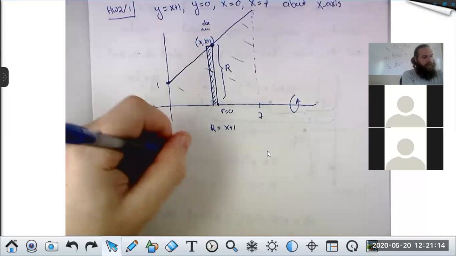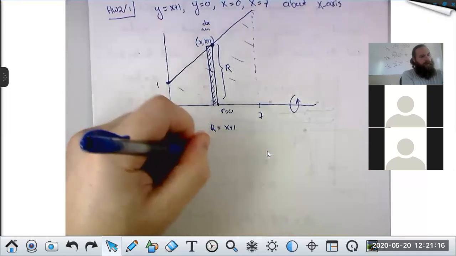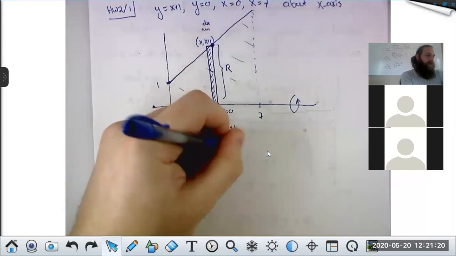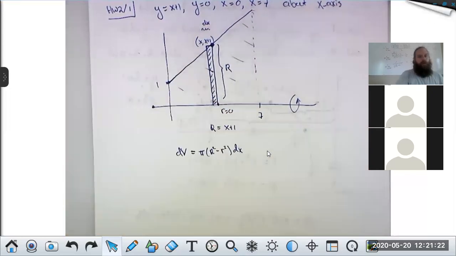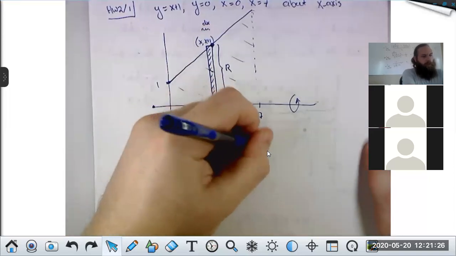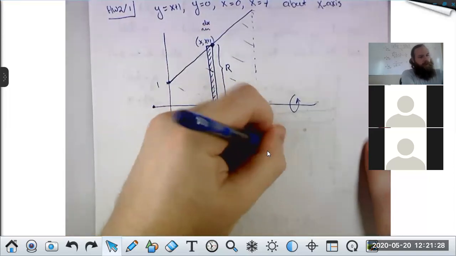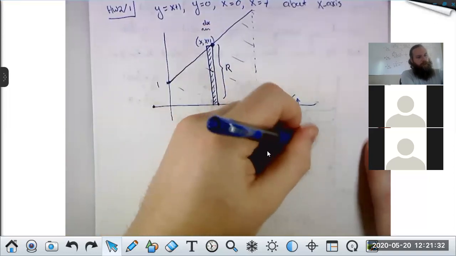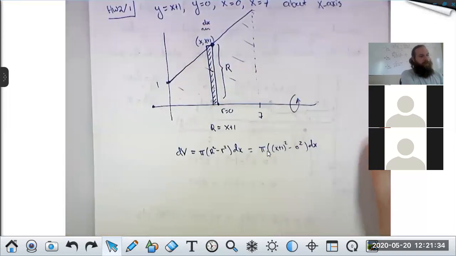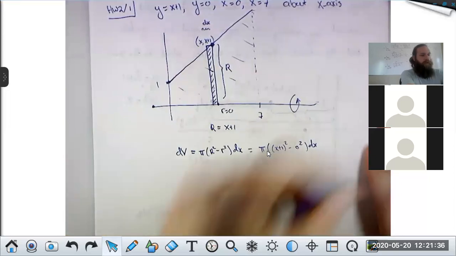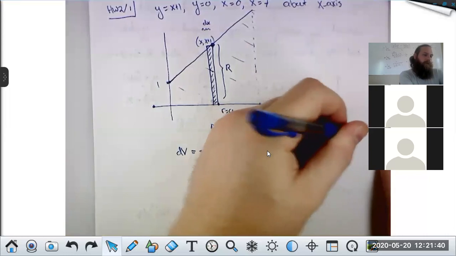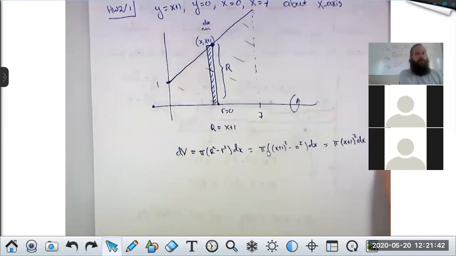So then dV is pi times big R squared minus little r squared, in this case, times dx, because my thickness is a dx thickness, which is pi times (x plus 1) squared minus 0 squared dx, which is just pi times (x plus 1) squared dx.